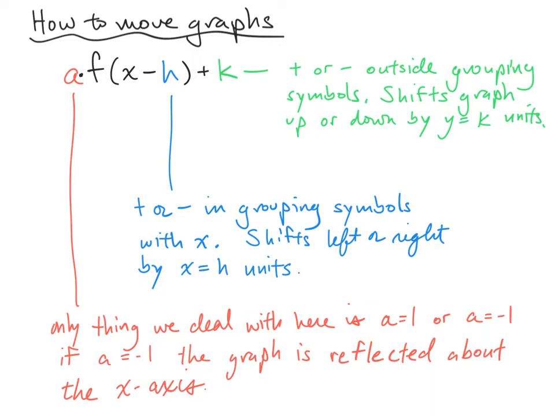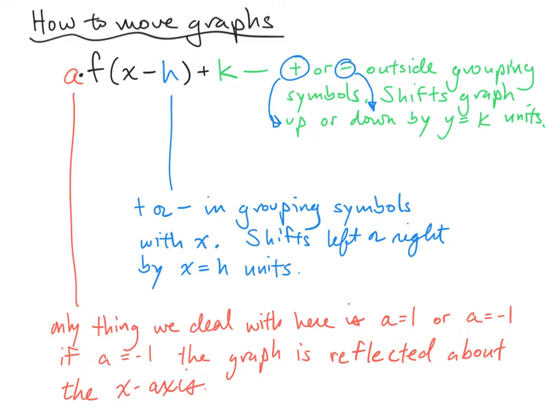So let me bring this a little more clarity. If we add a number outside of grouping symbols, we will shift up. And if you subtract a number outside of grouping symbols, you will shift the graph down. And it might not make too much sense right now, so I'll save more explanation for when I get into examples.